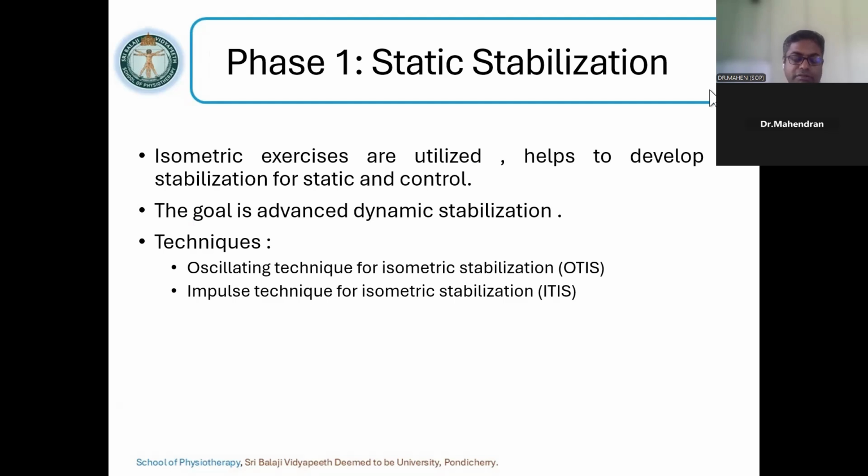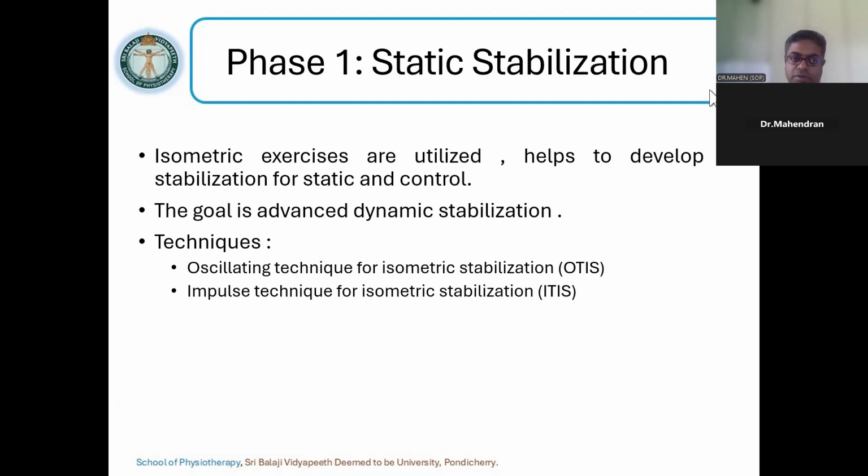So first we can start with the isometric. There are some variants we could use, like the oscillated technique of isometric stabilization, shortly known as OTS, or the impulsive technique of isometric stabilization, ITES. These are the variants of isometric exercises we could use.